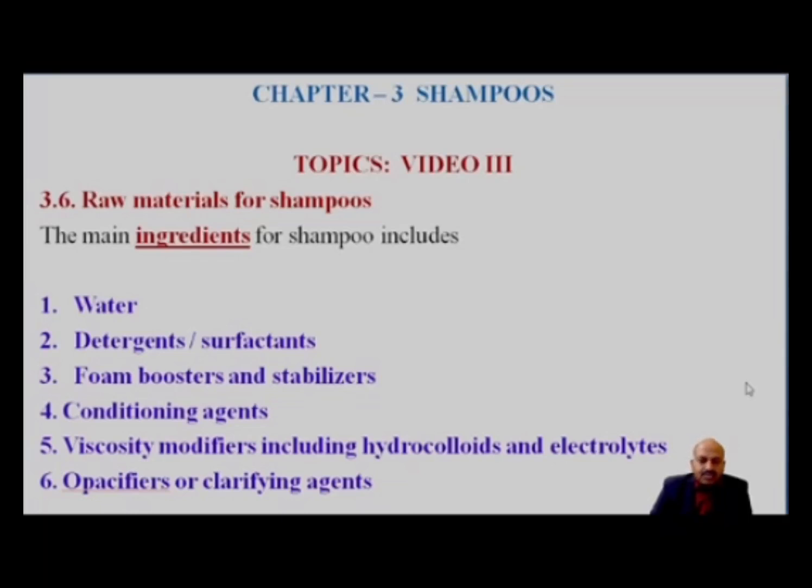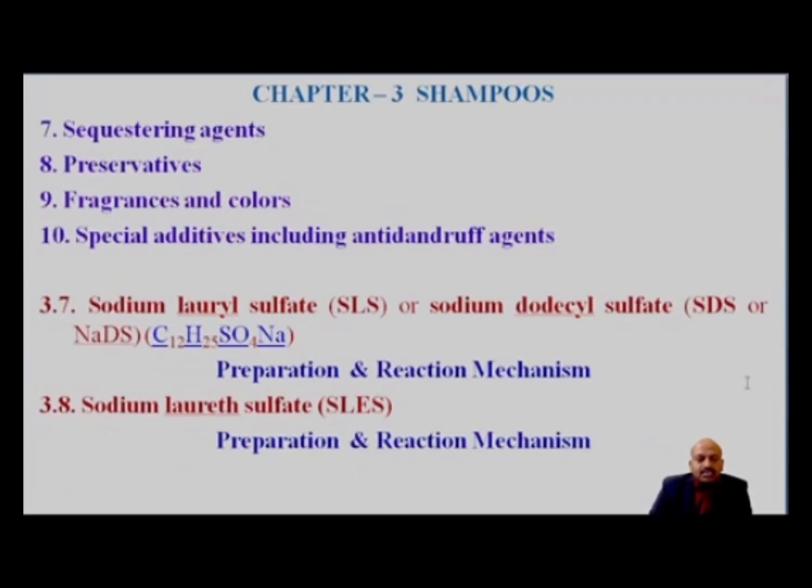The main ingredients for shampoo include various raw materials: water, detergents and surfactants, foam boosters and stabilizers, conditioning agents, viscosity modifiers including hydrocolloids and electrolytes, opacifiers or clarifying agents, sequestering agents, preservatives, fragrances and colors, special additives including anti-dandruff agents, and finally sodium lauryl sulfate (SLS) or sodium dodecyl sulfate, its preparation and reaction mechanism.